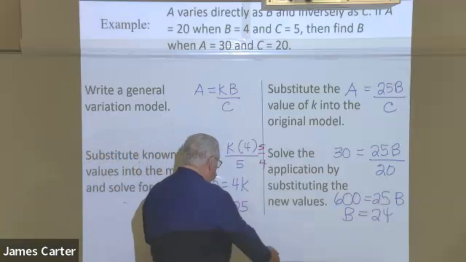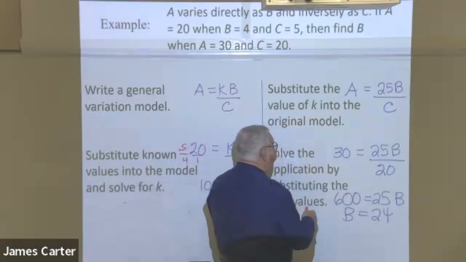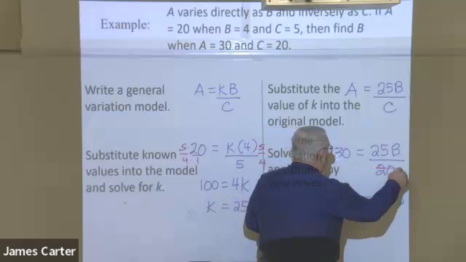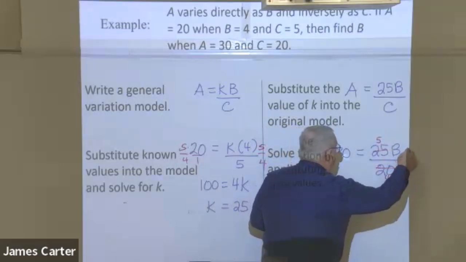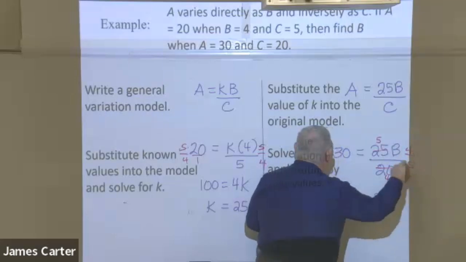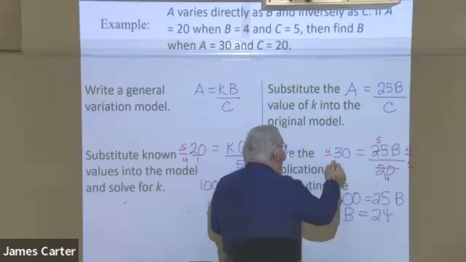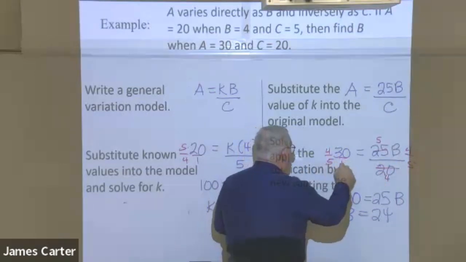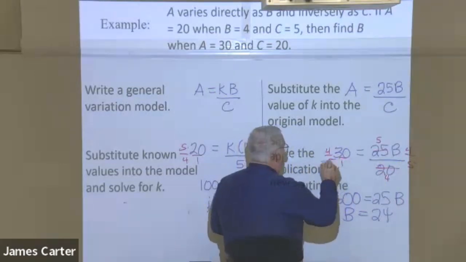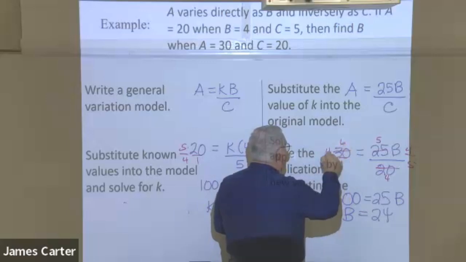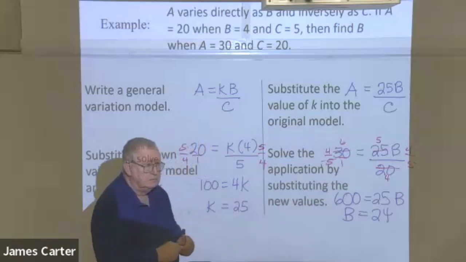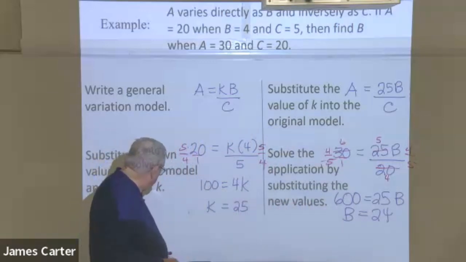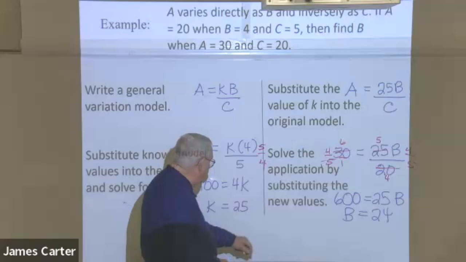And as an alternative method, you could have reduced this to 4/5 and then taken 4 this, 4 this. 5 goes into 30 6 times, and 4 times 6 is 24. Could have done that as an alternative method.